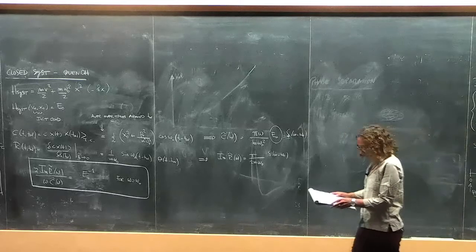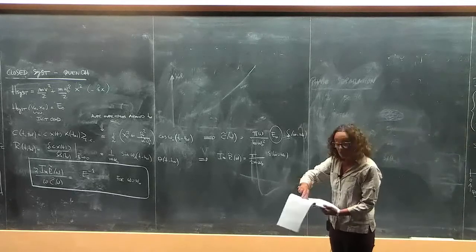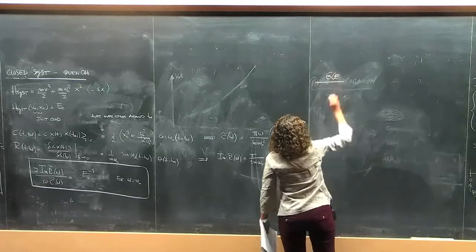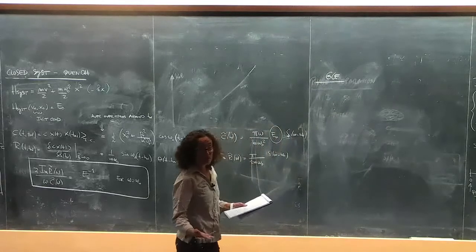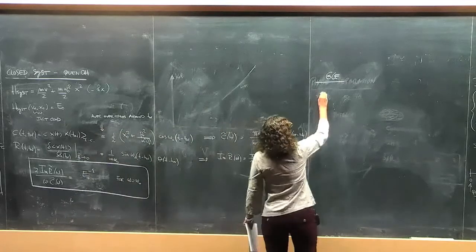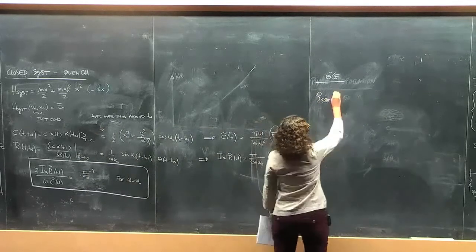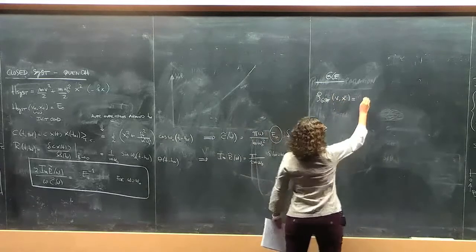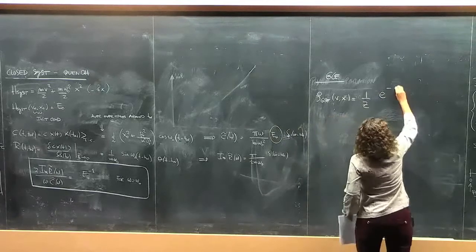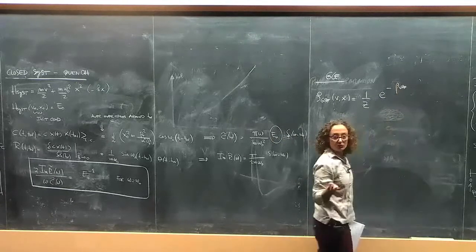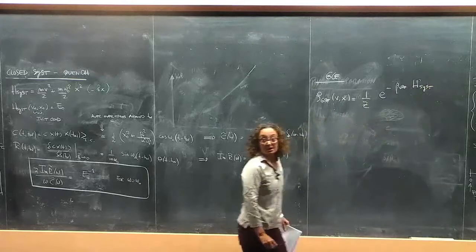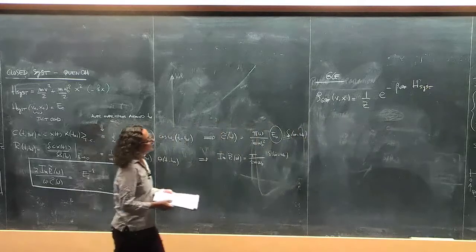And in particular, without entering into the details, for this problem, what the GGE would tell you to do is to identify the conserved quantity, which is energy in this case, and construct a rho GGE of V and X in the form 1 over Z e to the minus beta GGE, that for the moment you don't know what it is, times the conserved observable, which is the energy here.